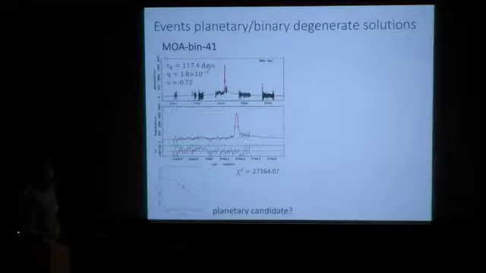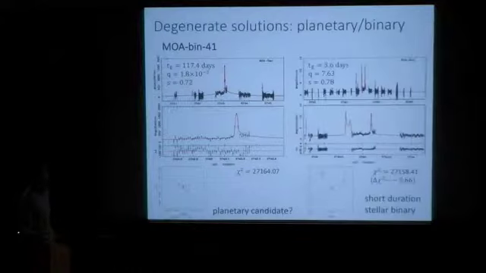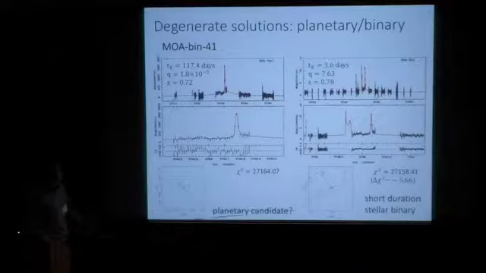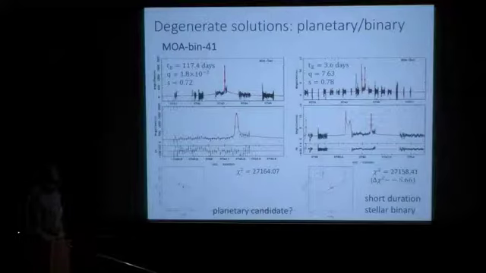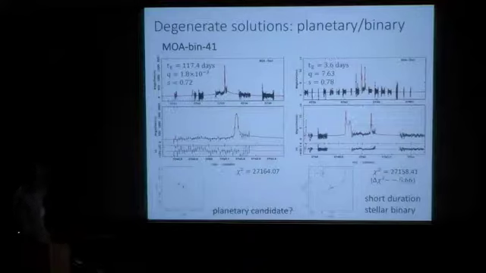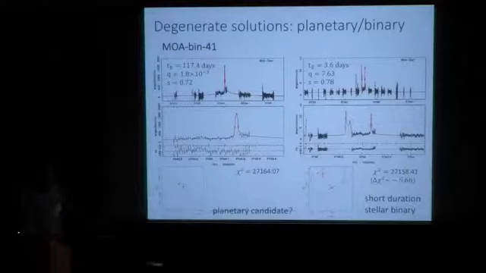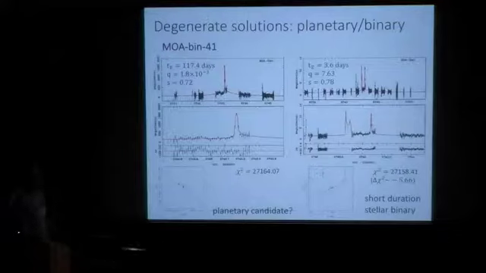But Dave also modeled this event, and he found that a short duration stellar binary can explain this event better. And this is the caustic geometry. So our search method sometimes misses this kind of short duration binary, so we need to pay more attention to those events.